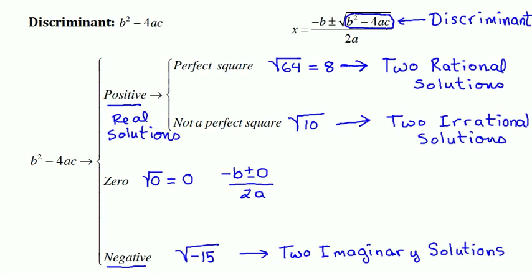Note that it doesn't really matter whether you're adding 0 or subtracting 0. Both of these are the same. And because of that, we don't get two solutions. We really only get one solution, which is equal to minus b over 2a. And that is a rational number, so this is the only case where we get one solution, and that solution has to be rational.